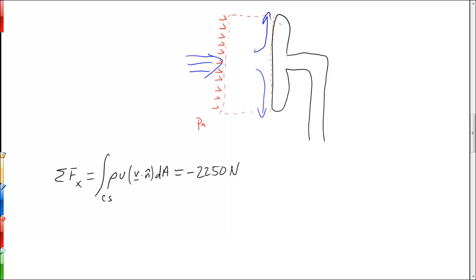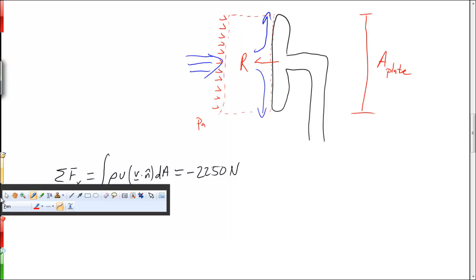And the plate will provide some reaction force, which I'll call R, which will act on the control volume as shown there. And I guess we need to define the area of the plate so that we can include the atmospheric pressure component.